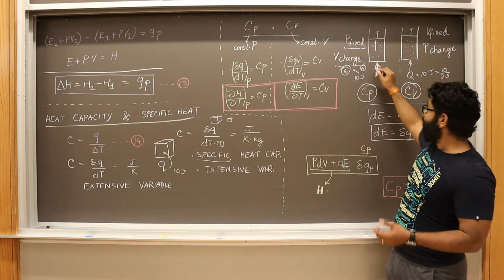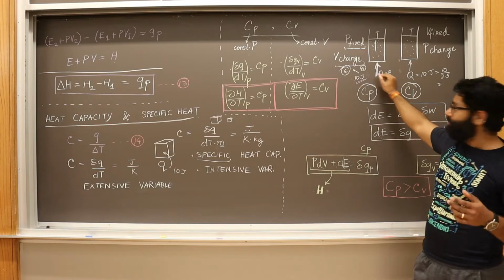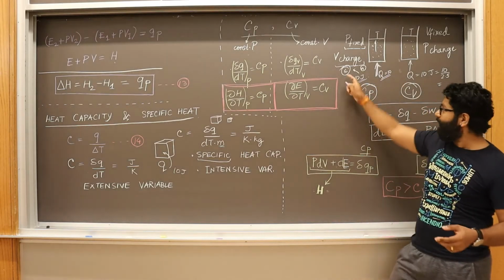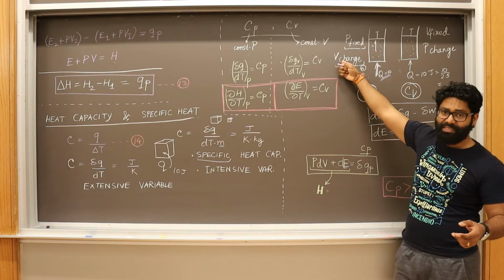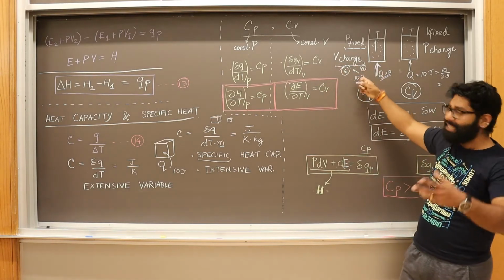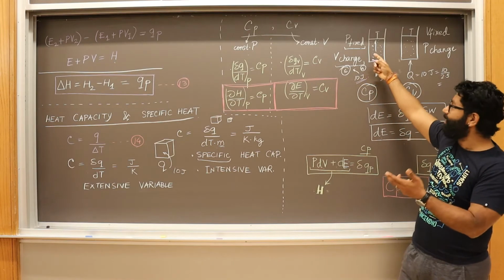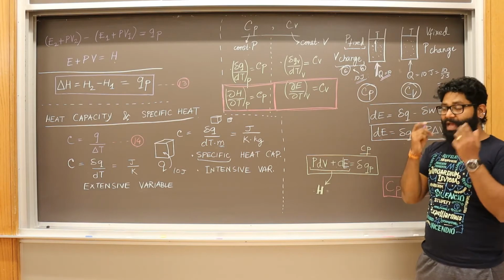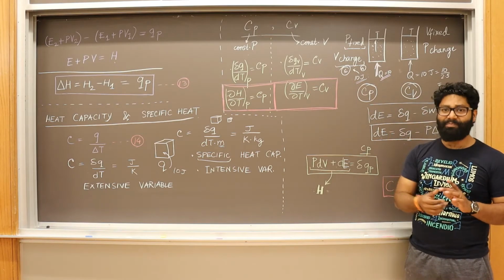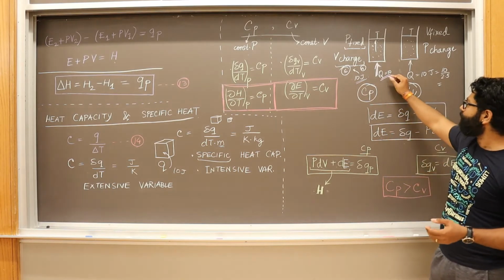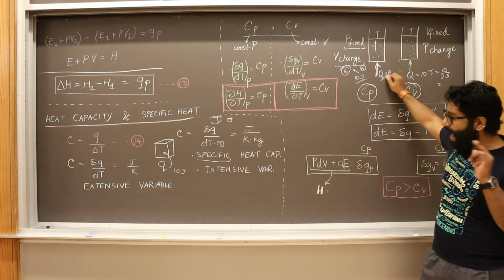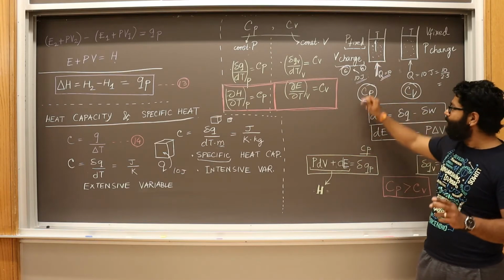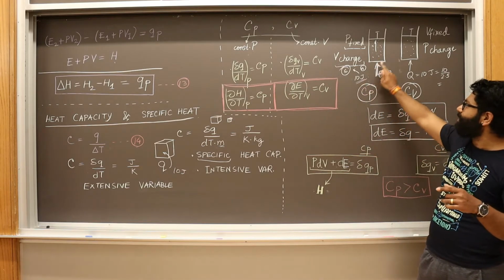Now, this 10 joules of heat is spent in two different things. First, to do some volume change, to do some work, and the rest is going to increase the temperature. Now, this is a waste if you look at it from this perspective. Why? Because you gave 10 joules of heat and you wanted to increase the temperature of the system, but not all of that heat is going to increase the temperature.